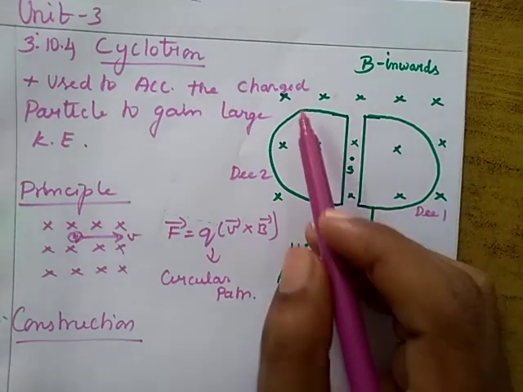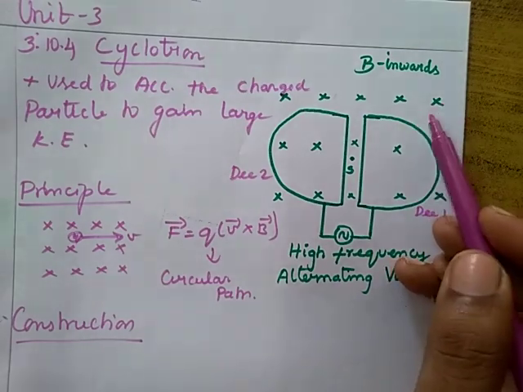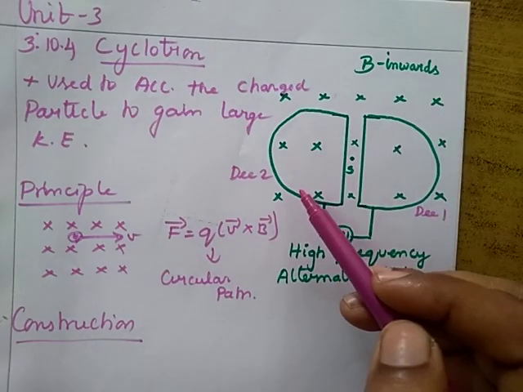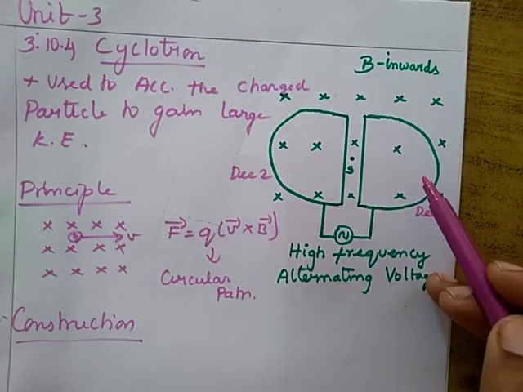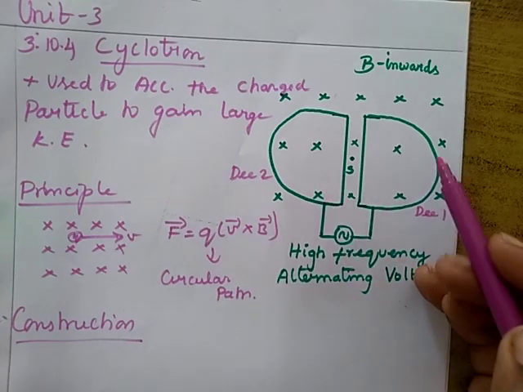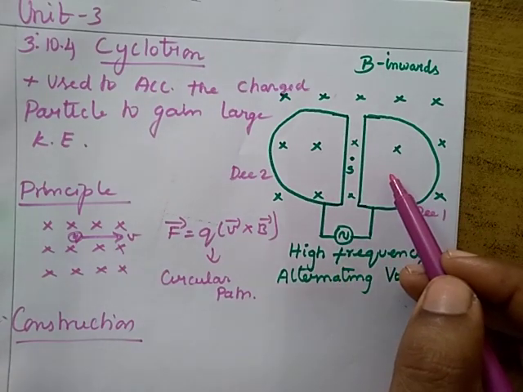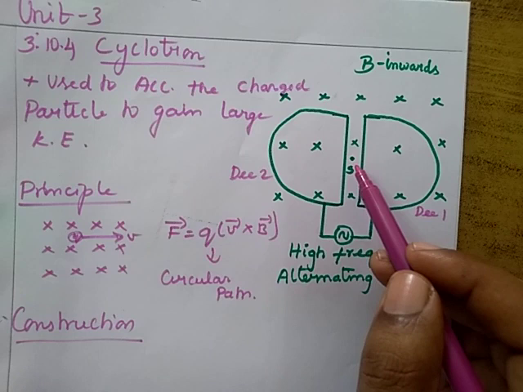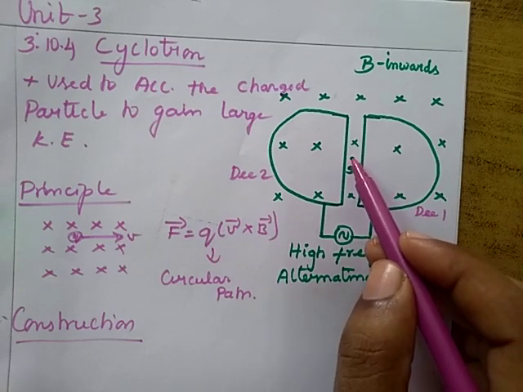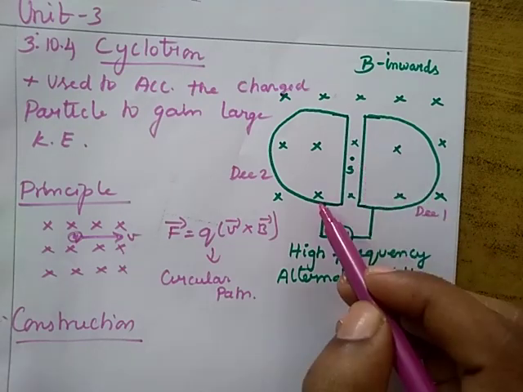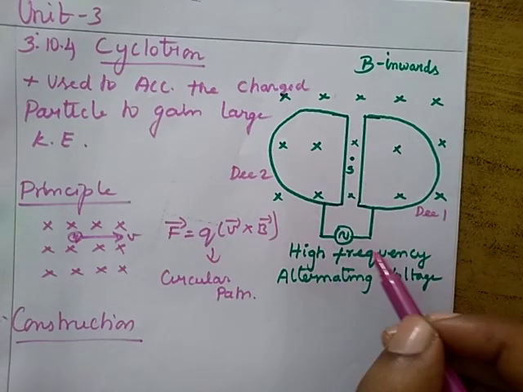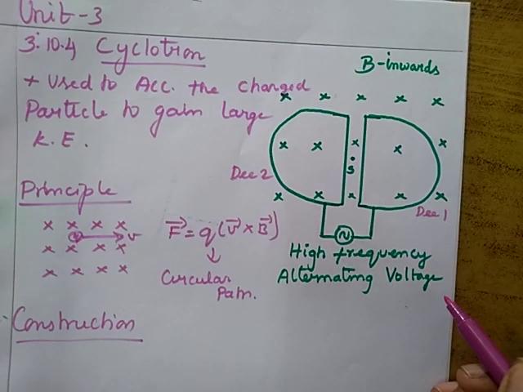Here the cross represents the magnetic field, placed perpendicular to the plane of the Ds. These two Ds are separated by a small gap. In that gap at the center we place a source of positive ions. Then these two Ds are connected to a high frequency alternating voltage. This is the construction of this device.